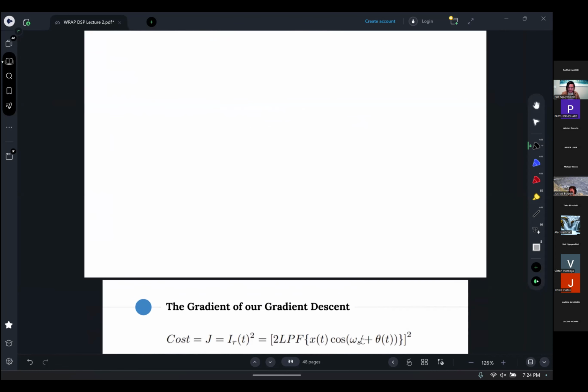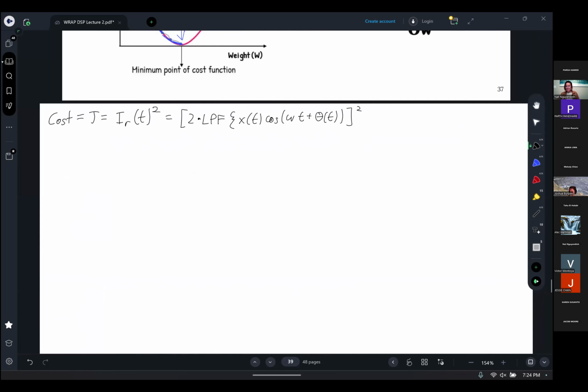Sorry about that. It should be omega of t. That makes sense because this is the sinusoid that we demodulate with, and it always has a constant frequency and then the time component. We multiply that together, and that gives us the phase of the sinusoid.